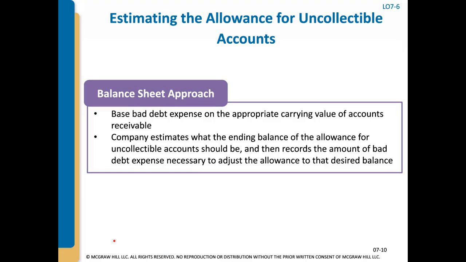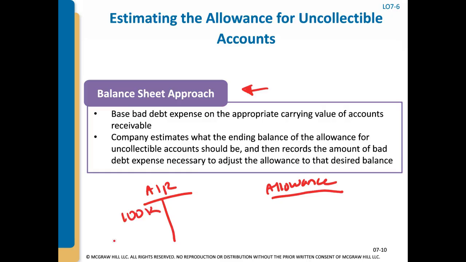This allowance method is a balance sheet approach. And the reason why it's a balance sheet approach is because we look at our accounts receivable, and then we look at our allowance, and we say, okay, our accounts receivable is going to be at a gross amount. Let's just say it's at $100,000, and we think that 10% of it will not be collectible, so we credit our allowance.